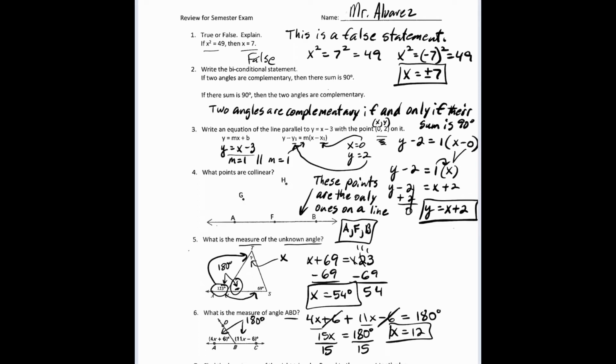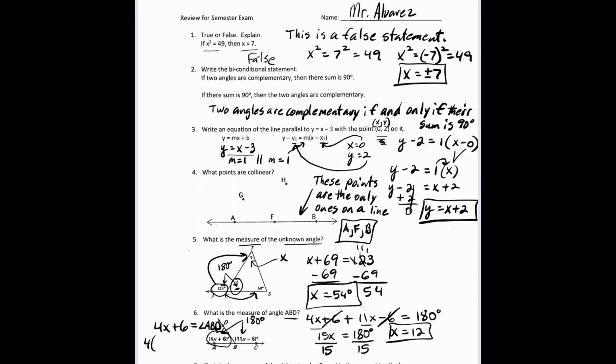But that does not give us the angle of ABD. We have to use the x, put it back into the formula, and figure out what ABD is going to be. So this is the part where we need to put in what the variable is equal to for x. So it's going to be 4x plus 6 is equal to angle ABD.